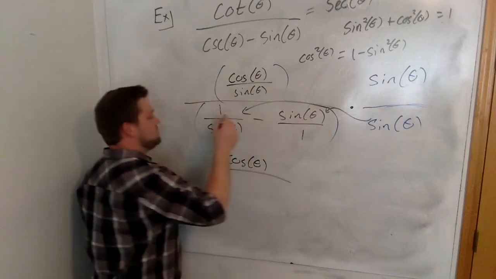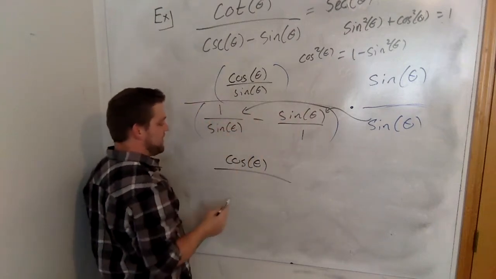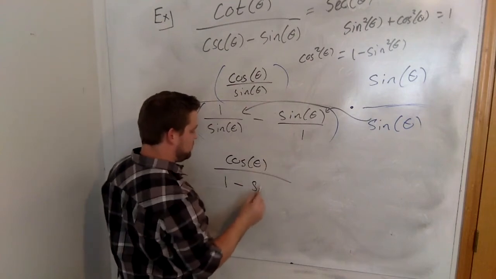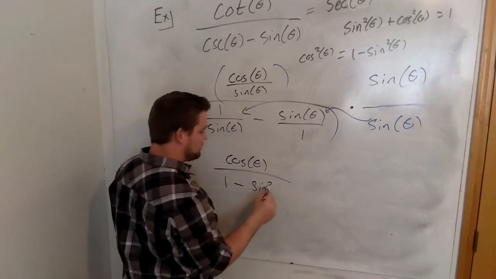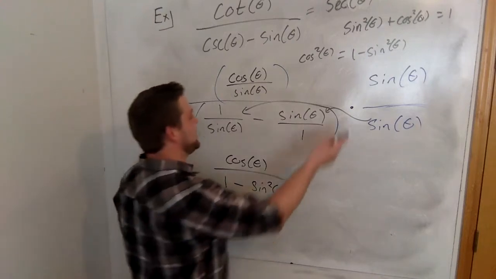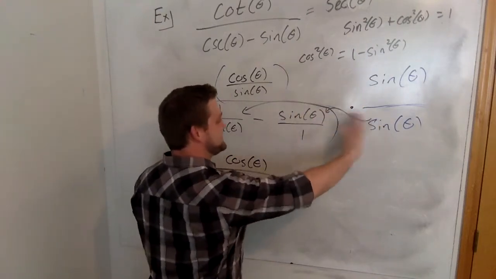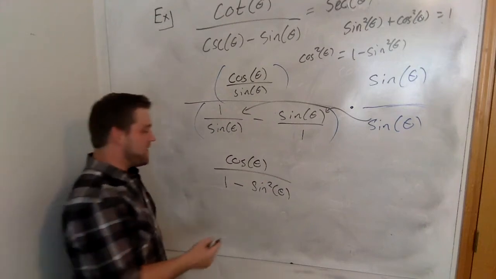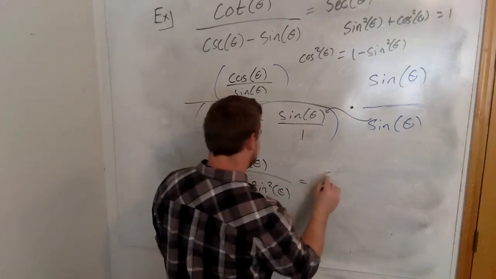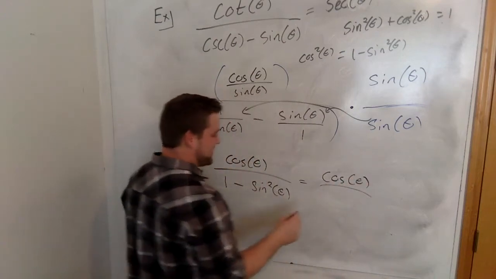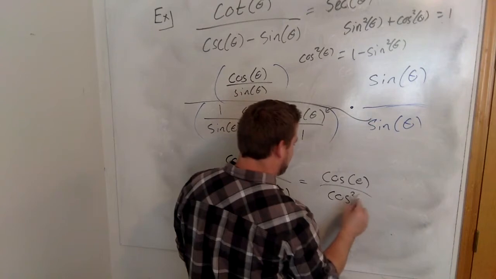Sine of theta times 1 over sine of theta, those will cancel, so I'll just be left with a 1 minus sine squared of theta. This was nice and clean, just multiplying the big numerator by sine and the big denominator by sine. I'm still cleverly multiplying by 1, but now we have cosine of theta over 1 minus sine squared, which is the same thing as cosine squared of theta.